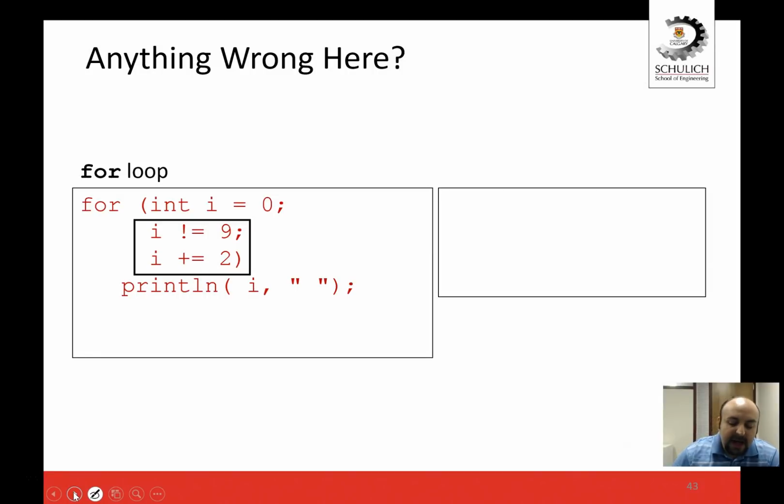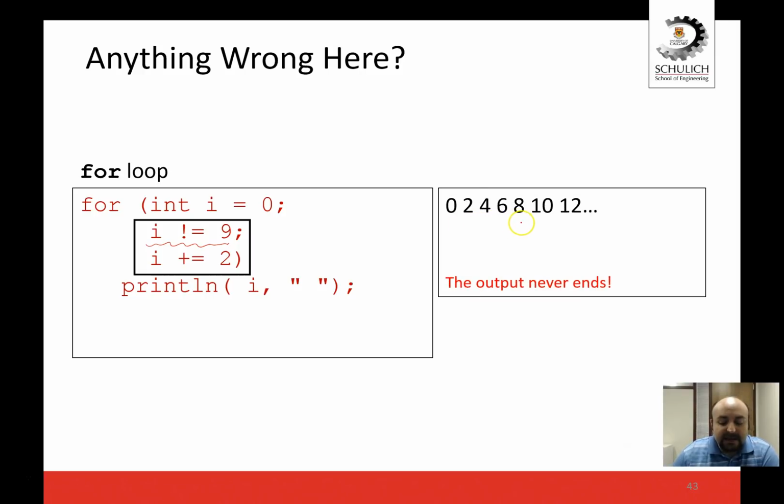A bit of warning, you almost never want to use not equal to as your check, because not equal to only checks for one value. If you use not equal to and take bigger steps, you're going to pass 9, because what you're going to get is 0, 2, 4, 6, 8, and then you're going to get 10.